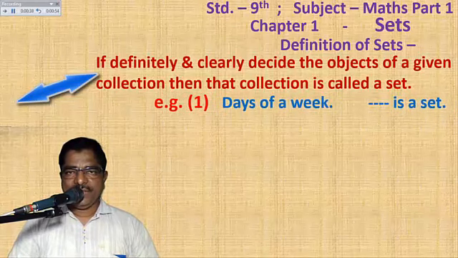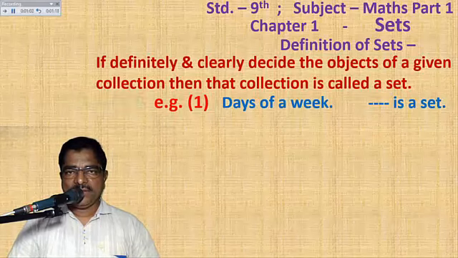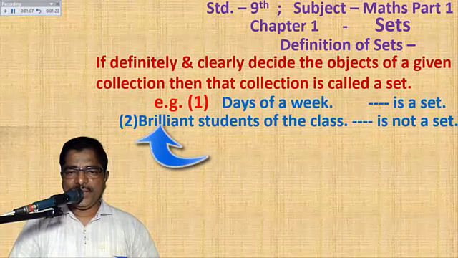For example, days of a week. In this collection, we can definitely and clearly say that there are 7 days, and also we can tell the names of the days. Therefore, that collection is a set. We see the next example: brilliant students of the class.